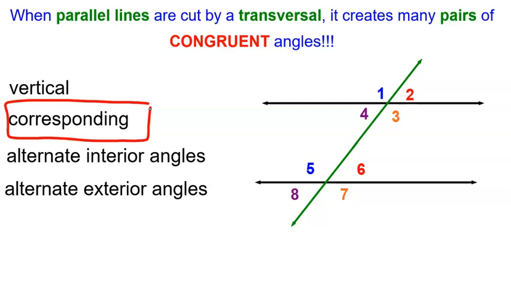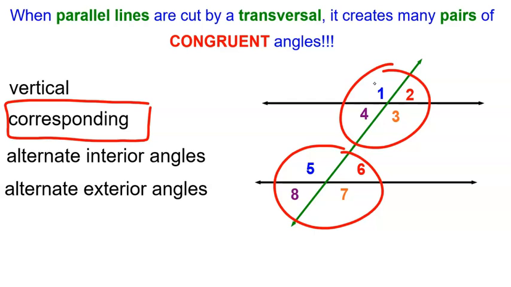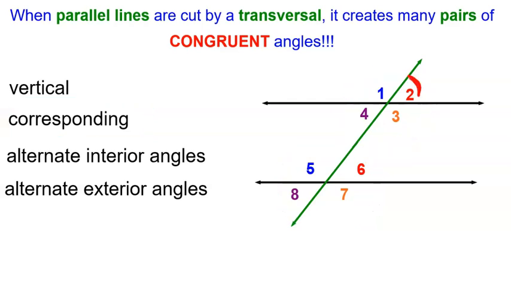Angles that are in the same position, but in a different group of 4. So in this group, 2 is the upper right angle of this group of 4. And in this group of 4, 6 is also the upper right angle. The upper right angles of these two groups are congruent.